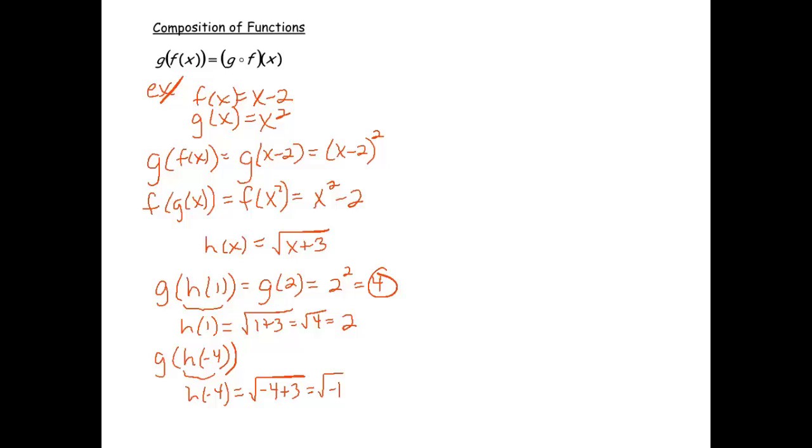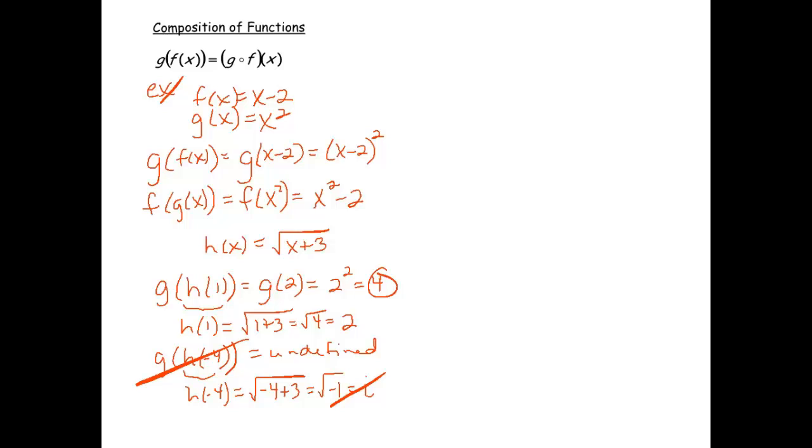The square root of negative 1 is i, but that's an issue because when we have these functions, we like to say that the domain is just of real numbers, so like negative infinity to infinity. That means that i isn't allowed to be an answer in this case. So I'm not allowed to do that, which means I'm not allowed to do this either. I would say that this is undefined.